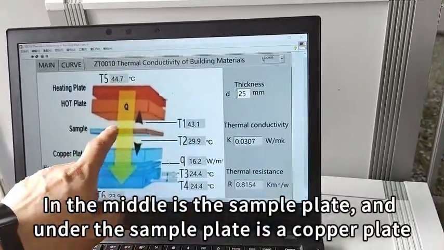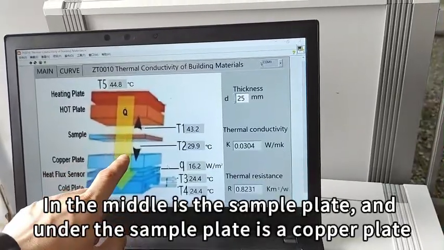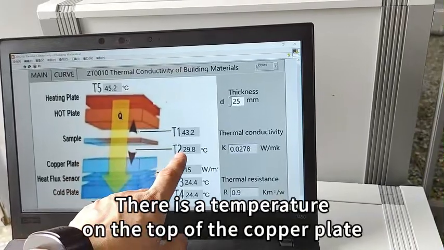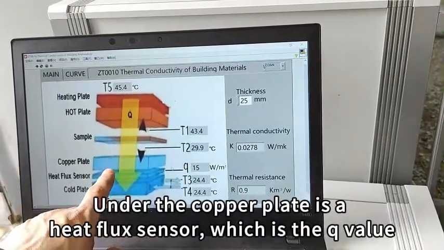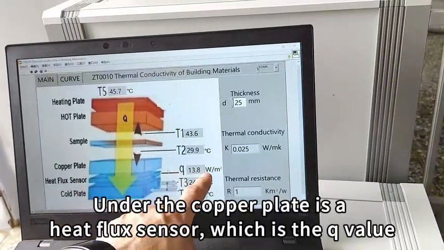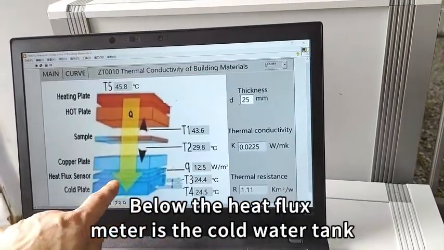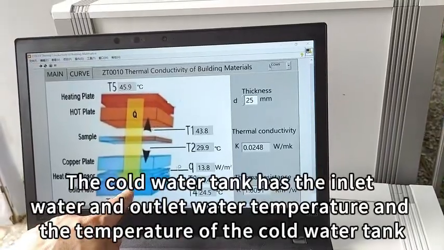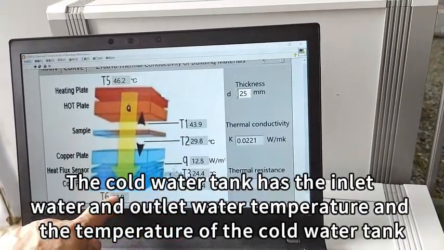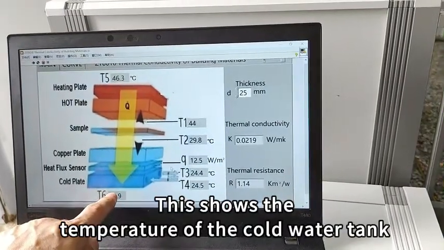In the middle is the sample plate, and under the sample plate is a copper plate. There is a temperature on the top of the copper plate. Under the copper plate is a heat flux sensor, which is the Q value. Below the heat flux meter is the cold water tank. The cold water tank has the inlet water and outlet water temperature and the temperature of the cold water tank. This shows the temperature of the cold water tank.